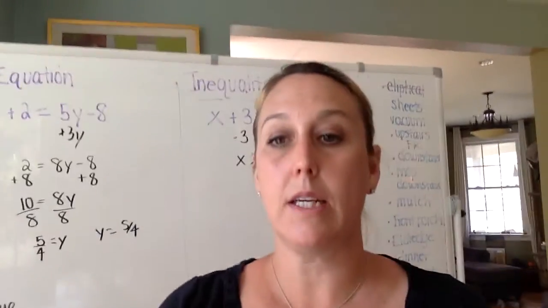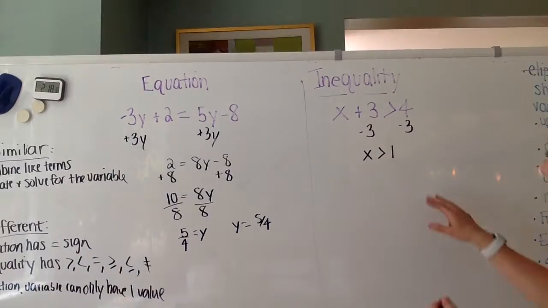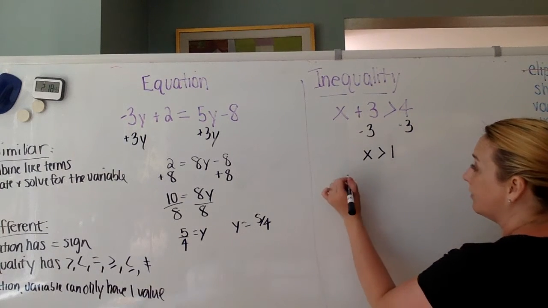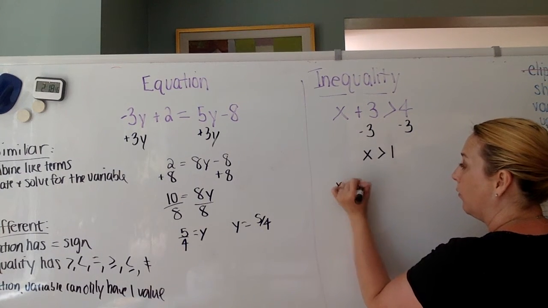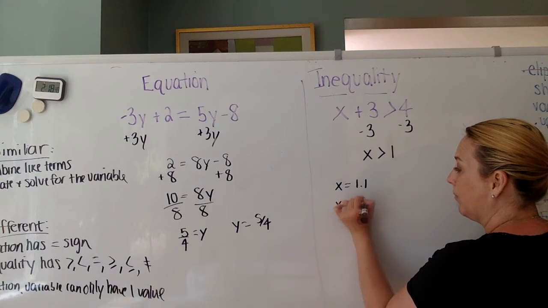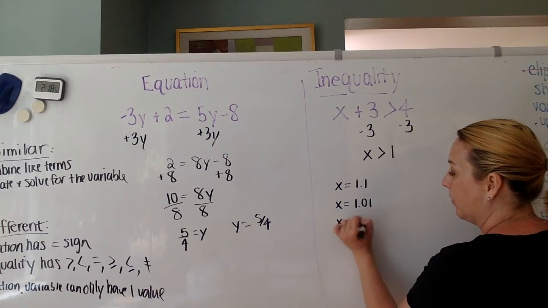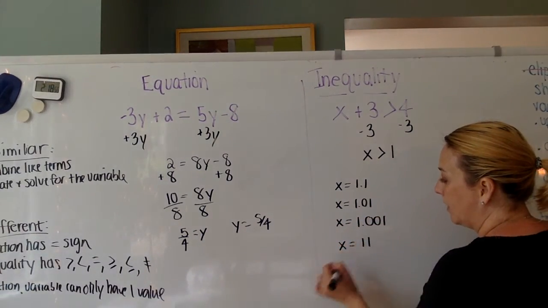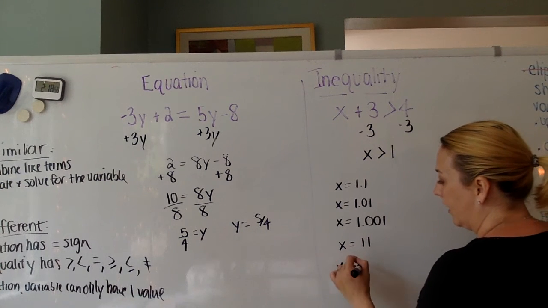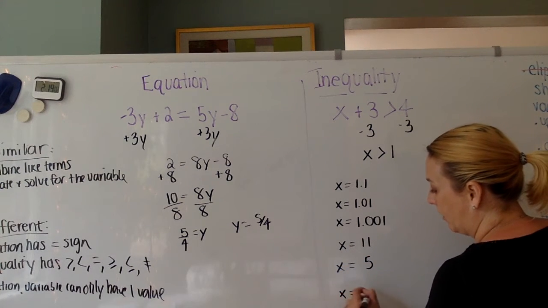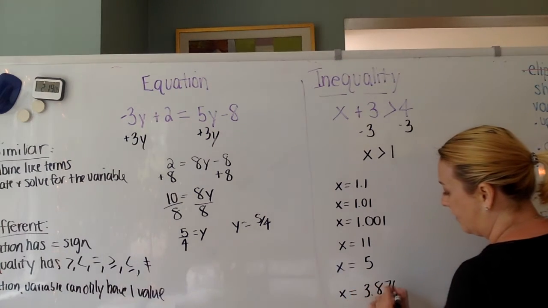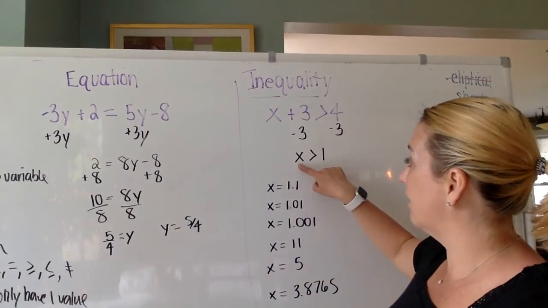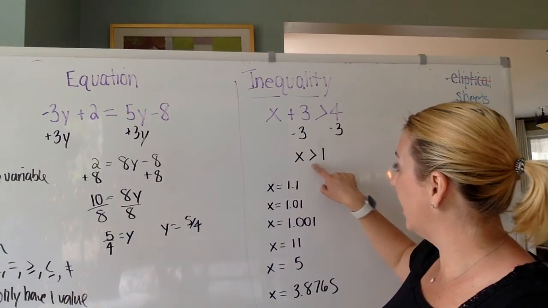But how an inequality is different is that there are infinite possibilities for x. X can be equal to 1.1, 1.01, 1,000, 11, 5, or 3.8765. There are endless possibilities as long as the value for x is greater than 1.